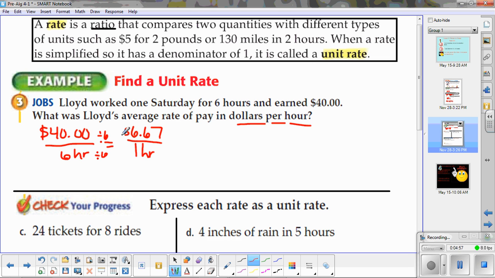So $6.67 per hour. That's the unit rate, or how much per hour.